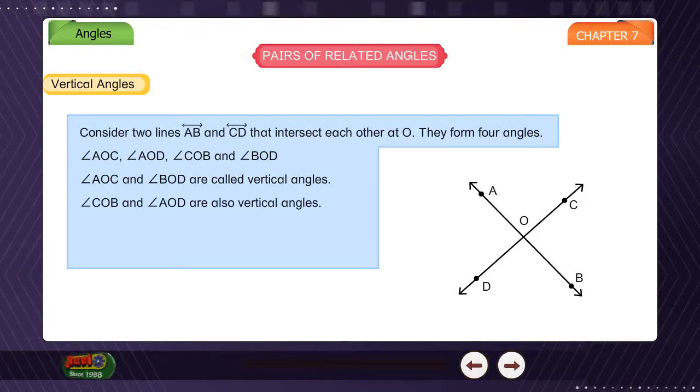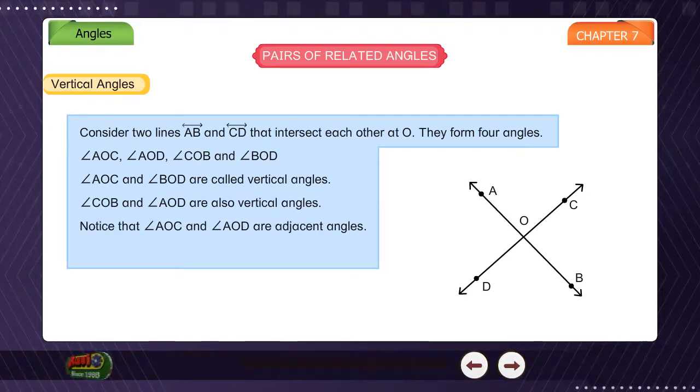Angle COB and angle AOD are called vertical angles. Notice that angle AOC and angle AOD are adjacent angles. Angle BOC and angle BOD are also adjacent angles.